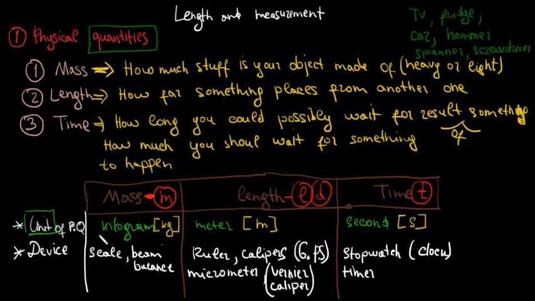We described their units: the unit of mass is the kilogram, the unit of length is the meter, the unit of time is the second, and we covered the devices that we use to measure these three main physical quantities.